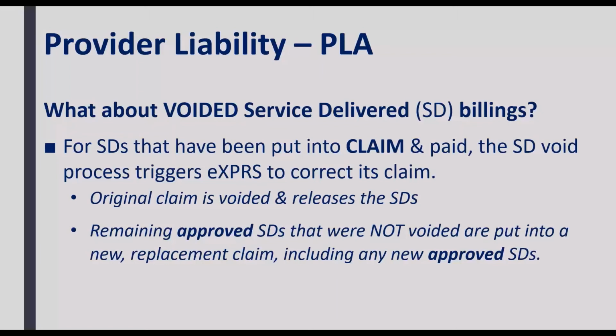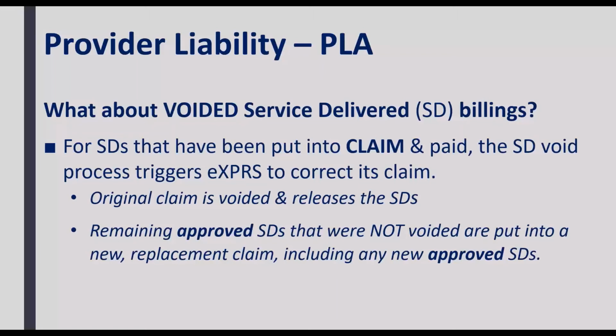If you have a billing that's wrong, then you would void that billing and create a new replacement billing if one is needed. That SD billing correction work is what triggers eXPRS to correct and reprocess the associated claims. In that process, there is an old claim that's voided and a new claim that's immediately linked to it as a correction.